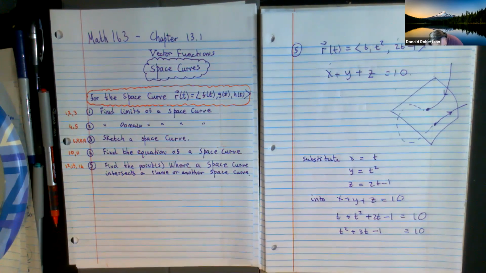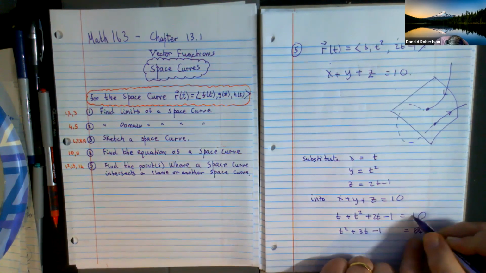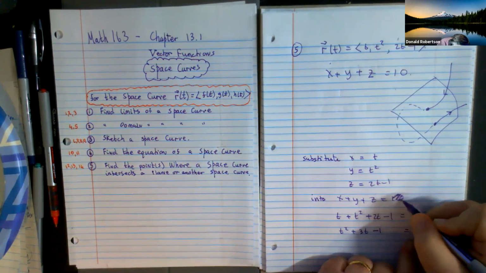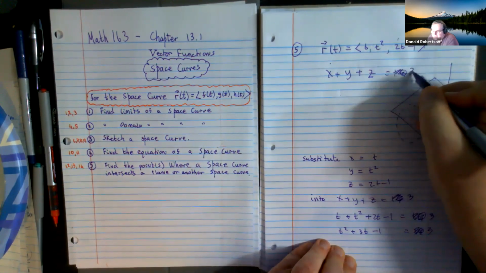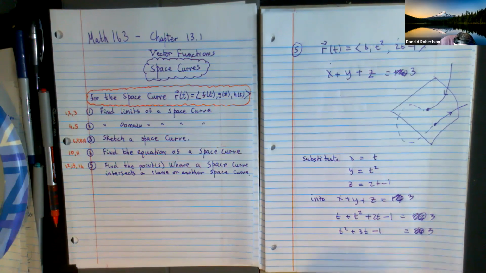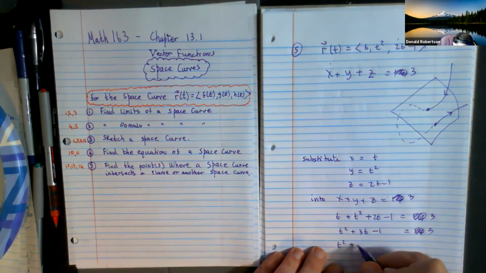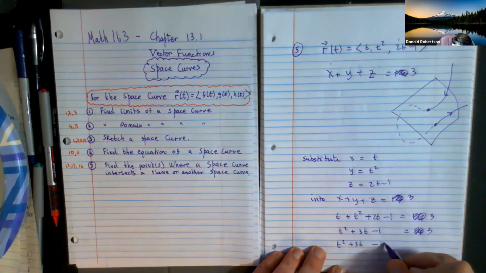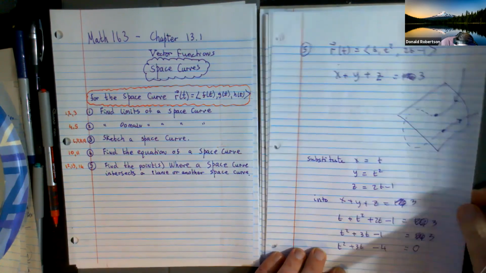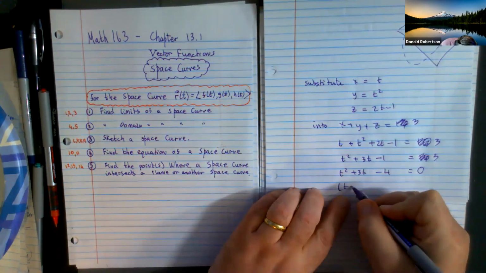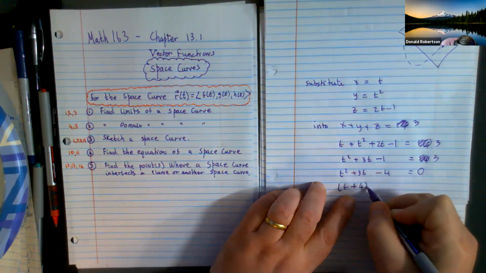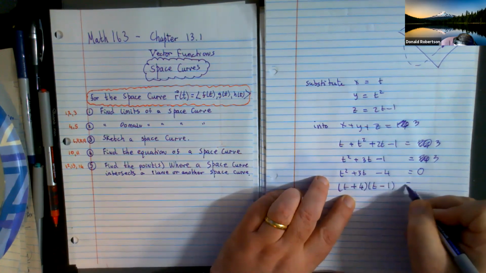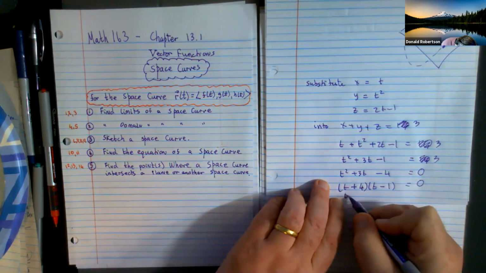Okay, that's good. I don't like 11, so since I want 10 here, I would like this to be 4. And so to make this 4, I'm going to pretend that the question said 3 all the time, right? So I can now say t squared plus 3t take away 4 is 0. I can now factor it as t plus 4 and t minus 1, which means that there are 2 solutions.